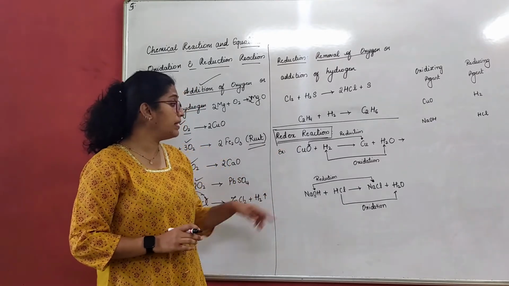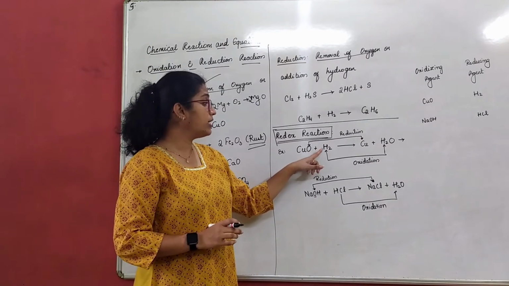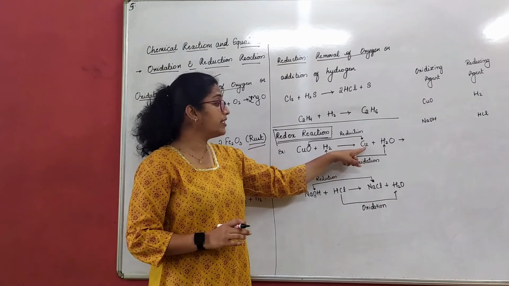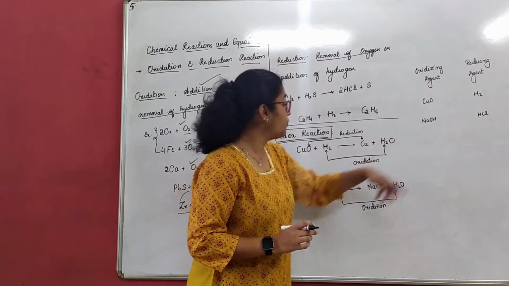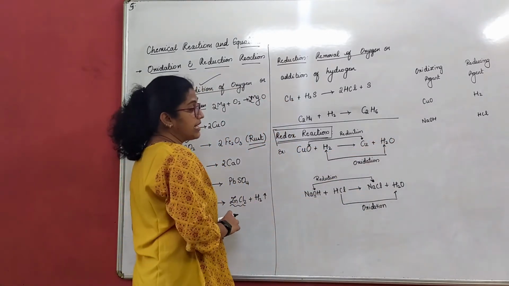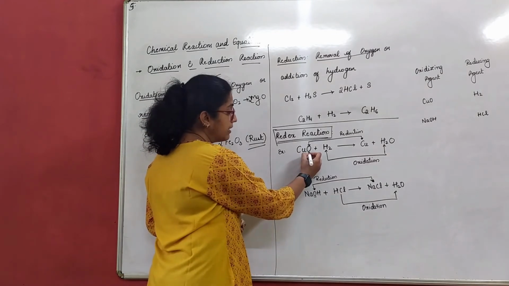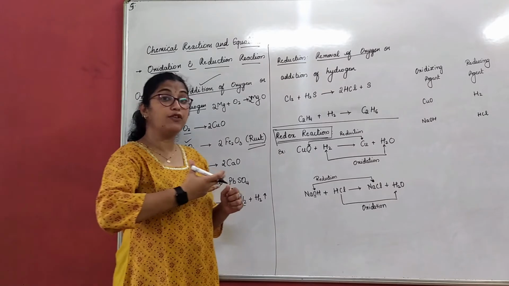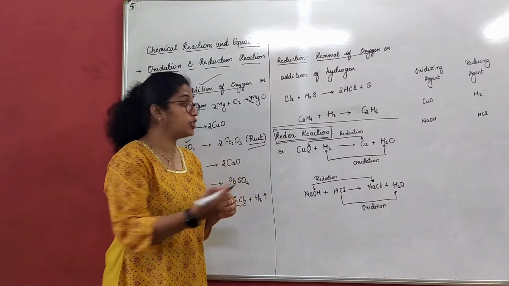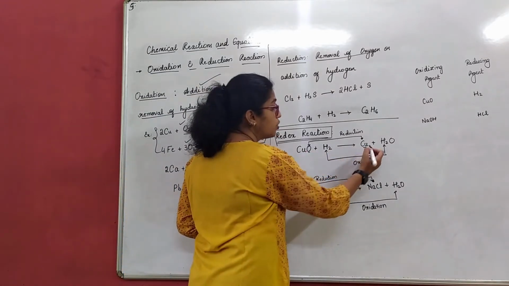Let us see an example. When cupric oxide reacts with hydrogen, we get copper and water, right? So let us first understand what has happened now. Cupric oxide, that means there is oxygen in the copper. Now I have to remove that oxygen and reduce it to copper.